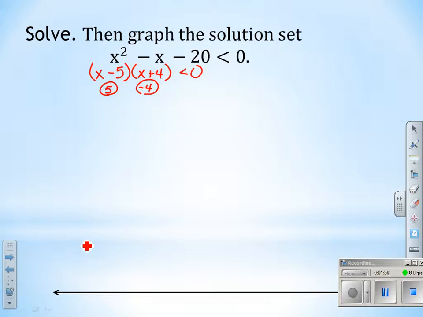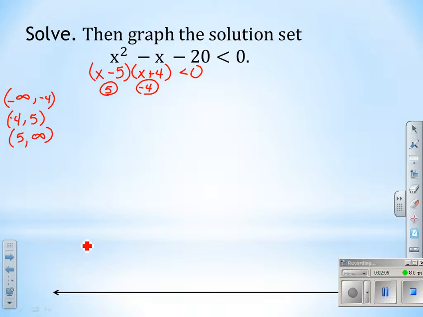These are going to give us the key terms, which will break our possible numbers into intervals for us. So negative 4 is our smallest key term, which means we're going to check our digits from negative infinity up to there, and then from negative 4 up to 5 in that range, and then also 5 to positive infinity.